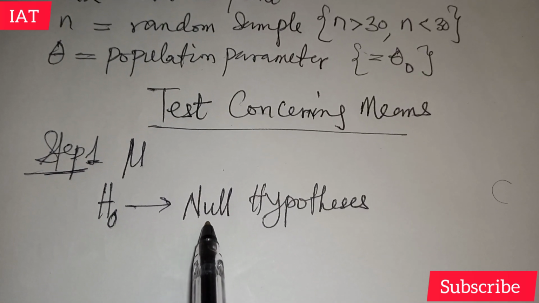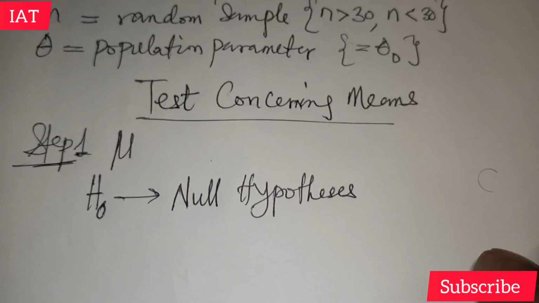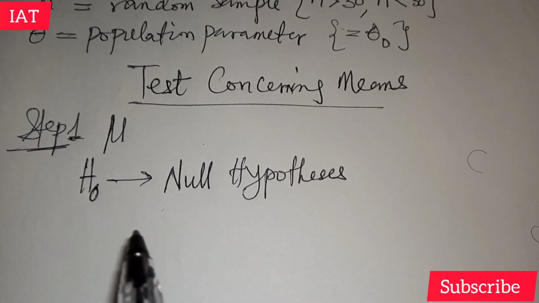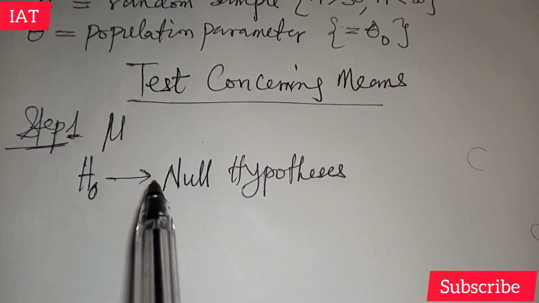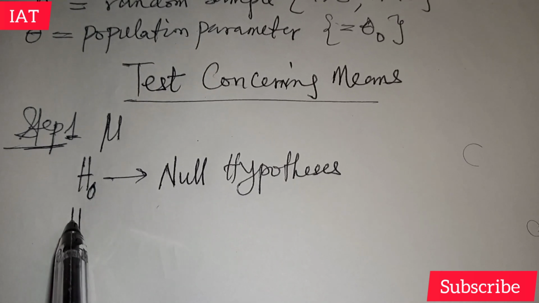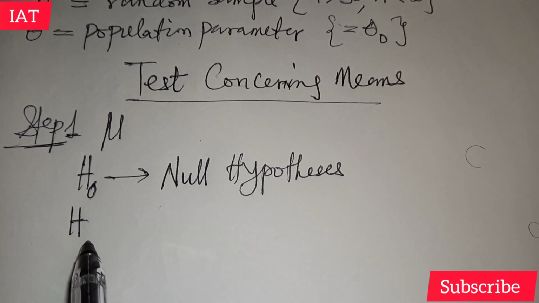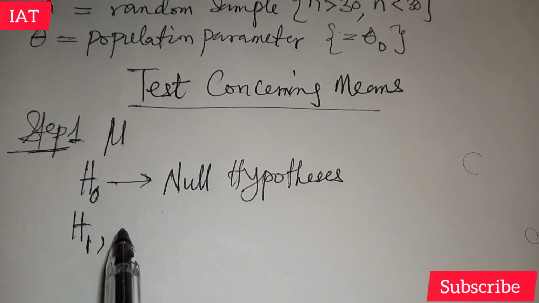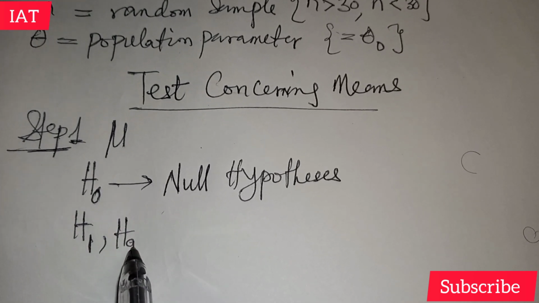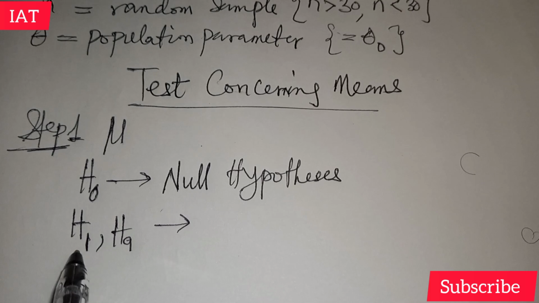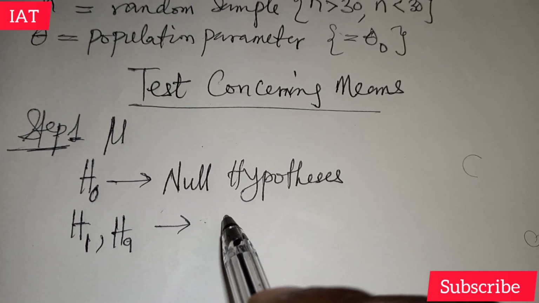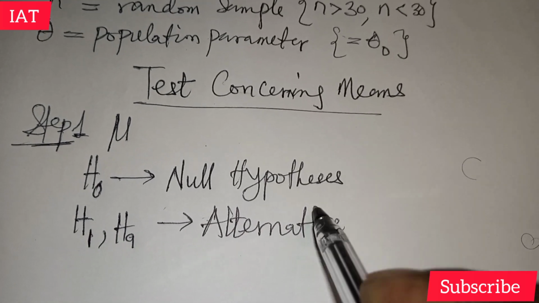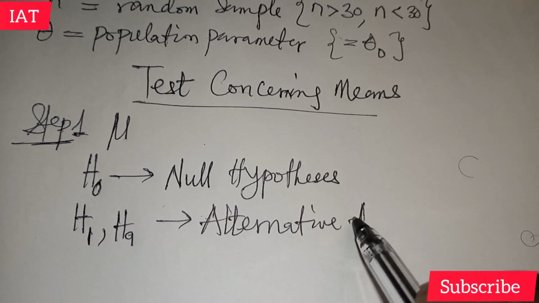Null means something that is empty, and in some cases 0, as the case may be. So this is the symbol for null hypothesis. And I also mentioned another one called the alternative hypothesis. Some textbooks use H1 as the symbol for alternative hypothesis. Some textbooks use H subscript A. So either way, when you see this or this, just know that both of them are the same and they represent alternative hypothesis.